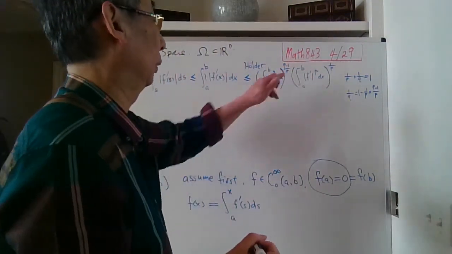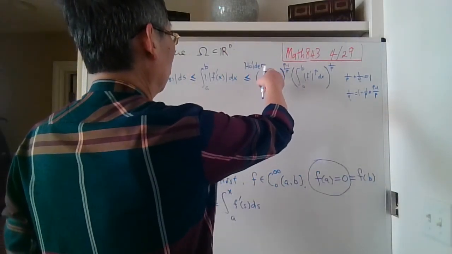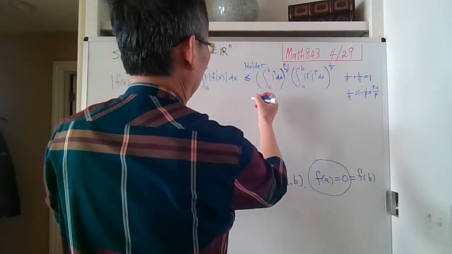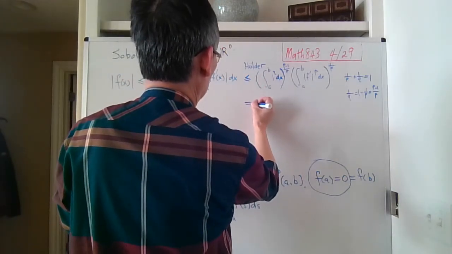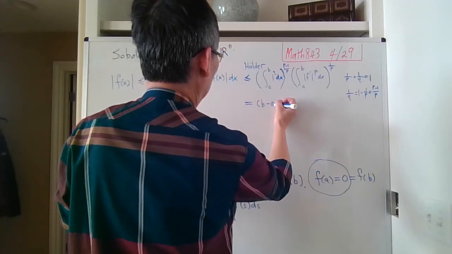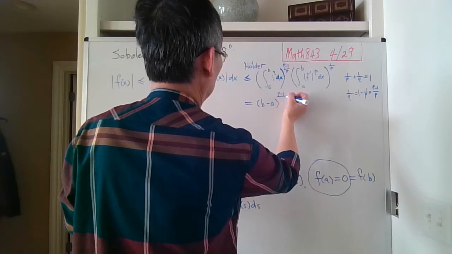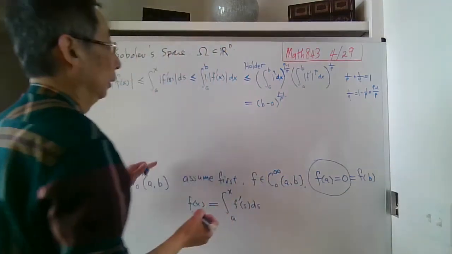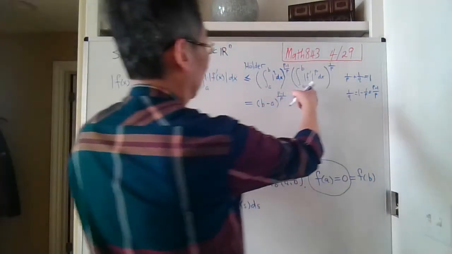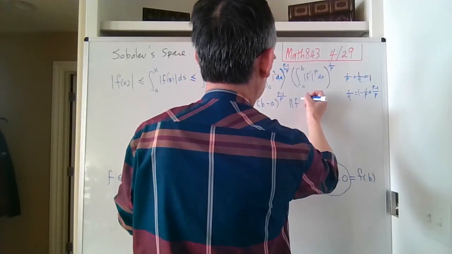The outside power is needed because eventually the integral of 1 will become b minus a. So this integration is just equal to (b minus a) to the power (p minus 1)/p. Okay, that's it. Therefore, this one is just the norm of f', and you can consider the other factor a constant.